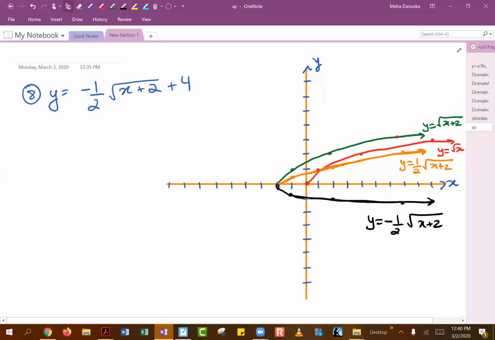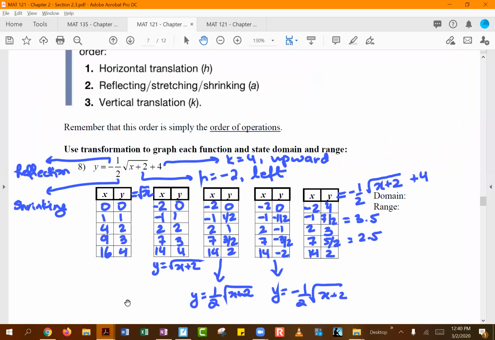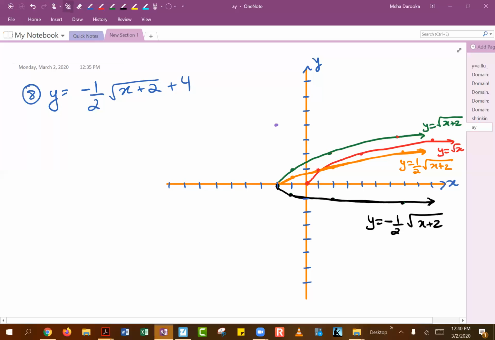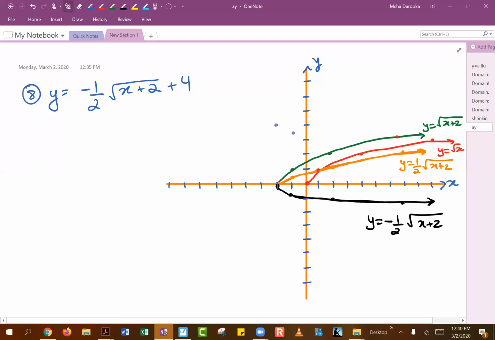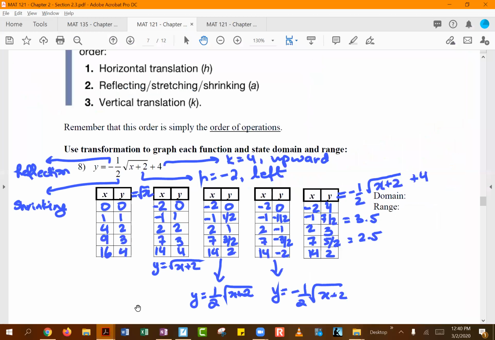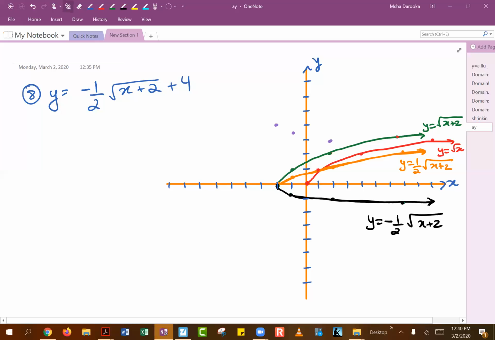Okay, so you should be starting at -2, 1, 2, 3, 4, +4. -1 at 3.5. Two and +3. 7 and 2.5.